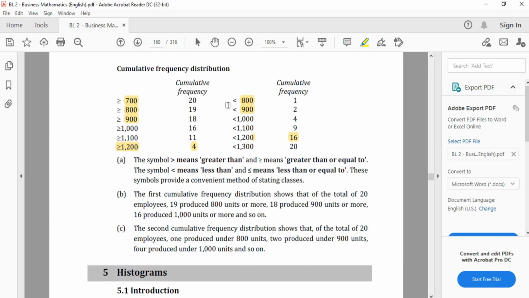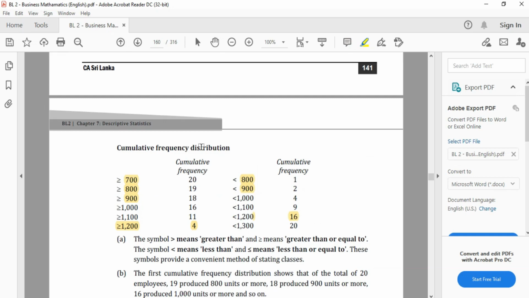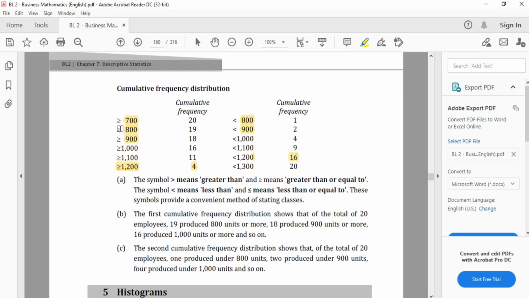Having said that, after that you should enter these signs. This sign is the same in all situations. This sign represents greater than or equal to, whereas this sign represents less than. So you have to put the same signs on either side.